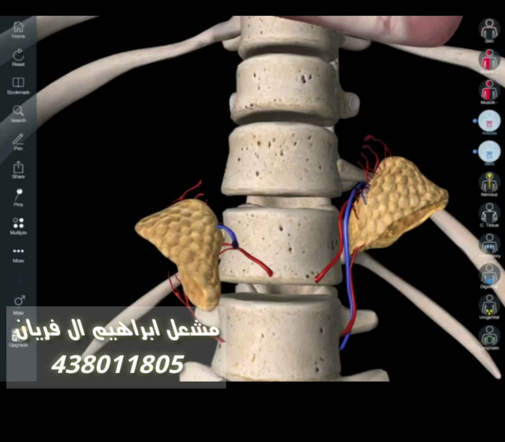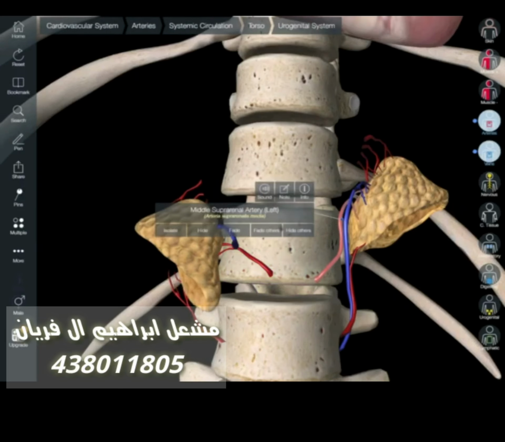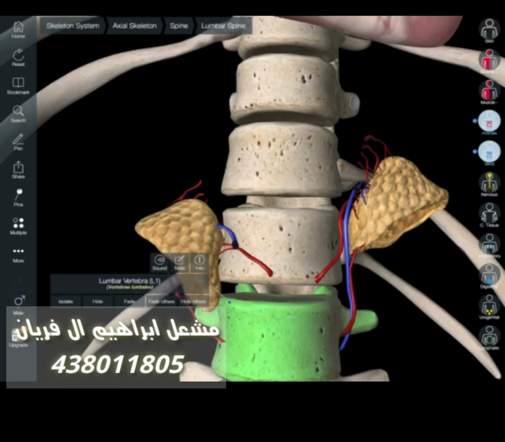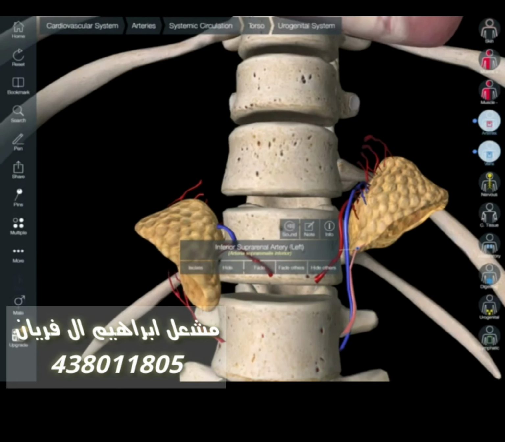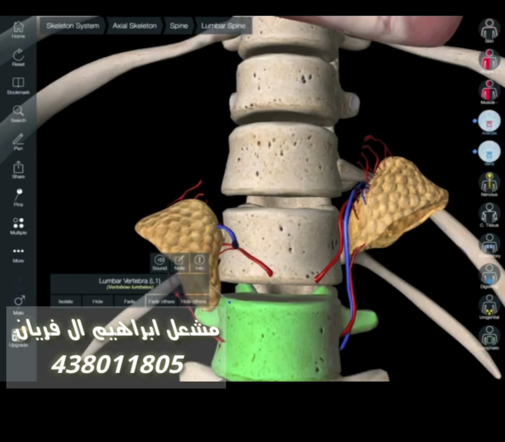I will talk about the blood supply. We have three arteries supplying each gland: the superior suprarenal artery, the middle suprarenal artery, and the inferior suprarenal artery, and the same on the right suprarenal gland.